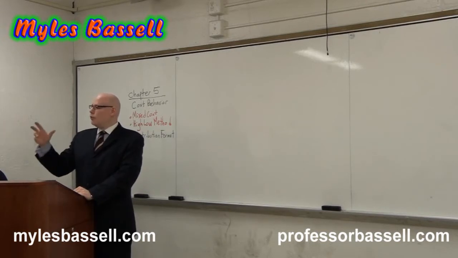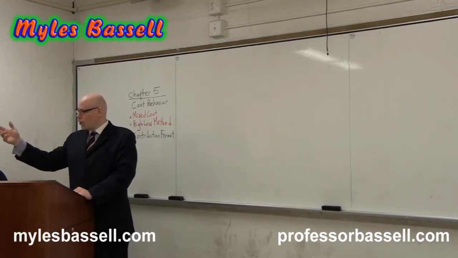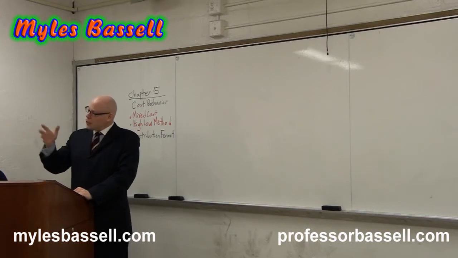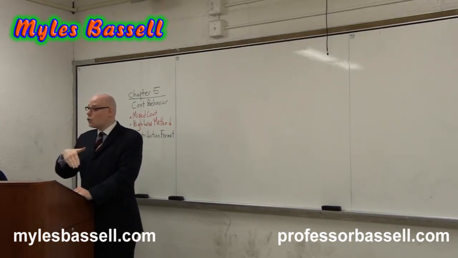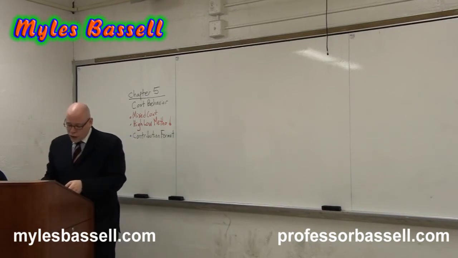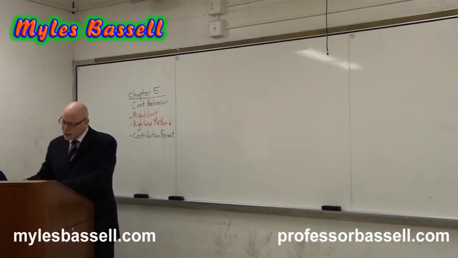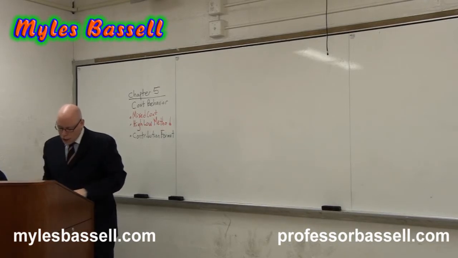However, the amount that each unit absorbs is going to decrease as the level of activity increases. And that's what this example illustrates. I want to go over that with you because it really brings to life what we just described.